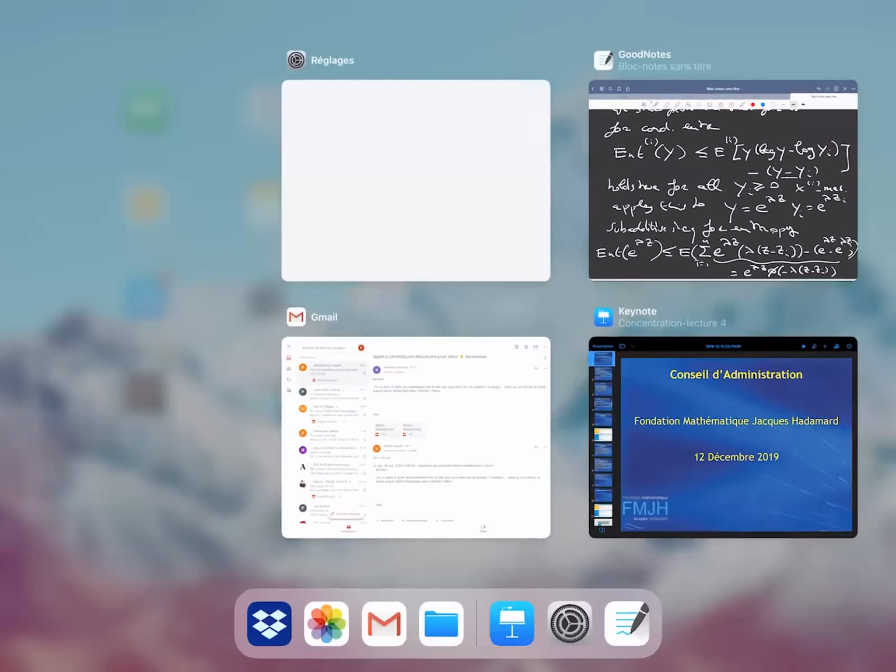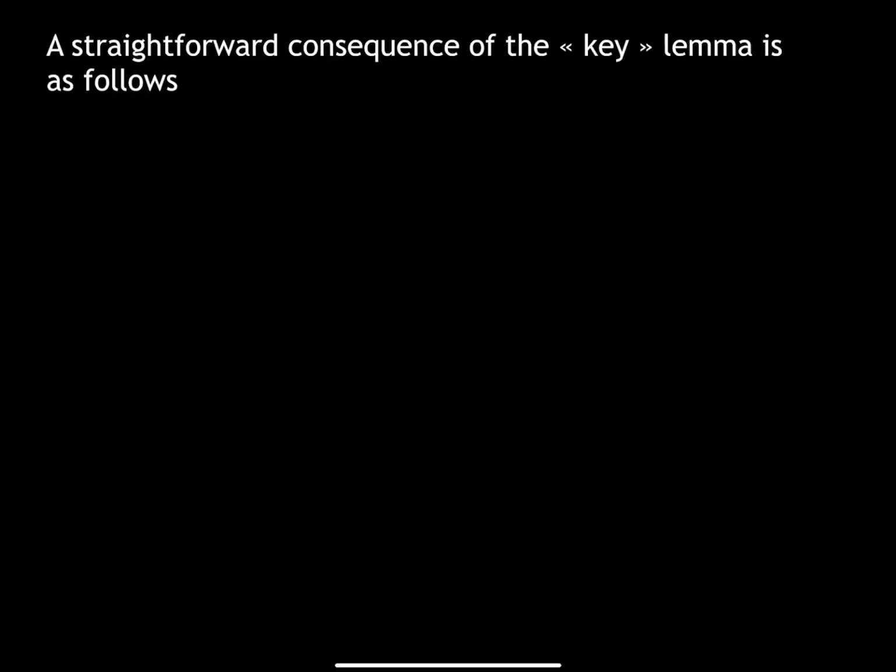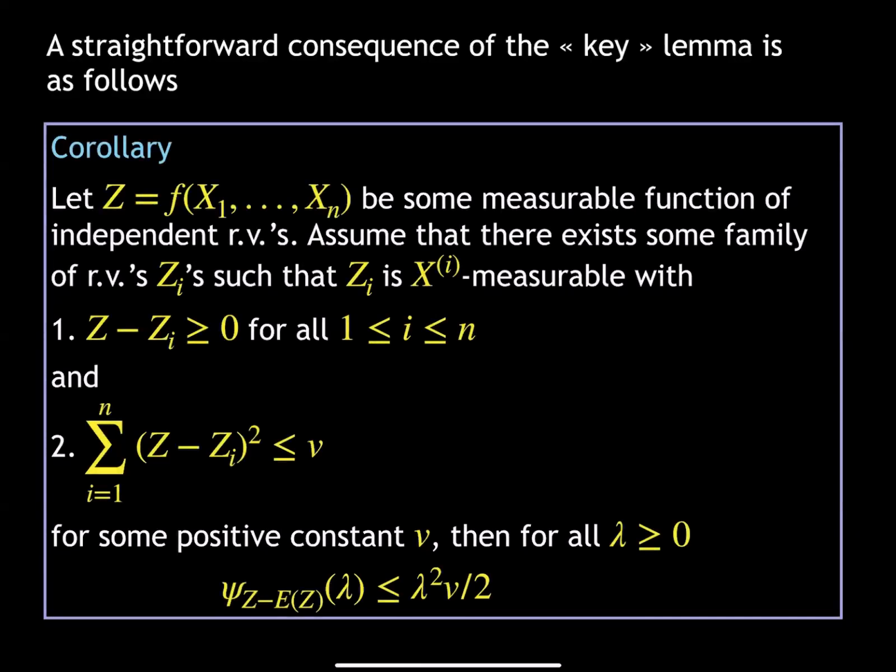So let's go back to the presentation. Now we have this key lemma in our pocket. And we can use it in a very straightforward way to derive a corollary, which is the analog of what we got with the log-Sobolev inequality, but here in a much more general framework.